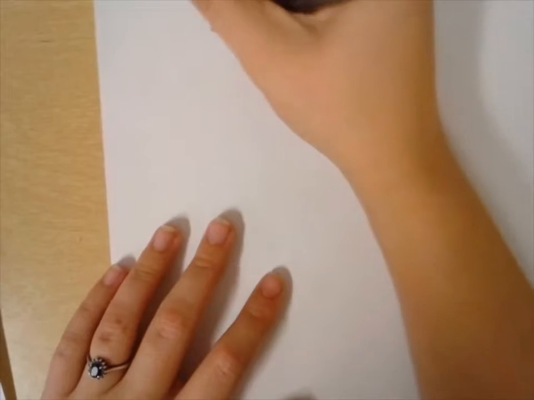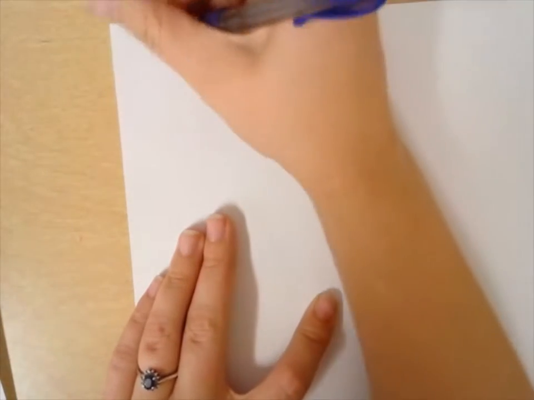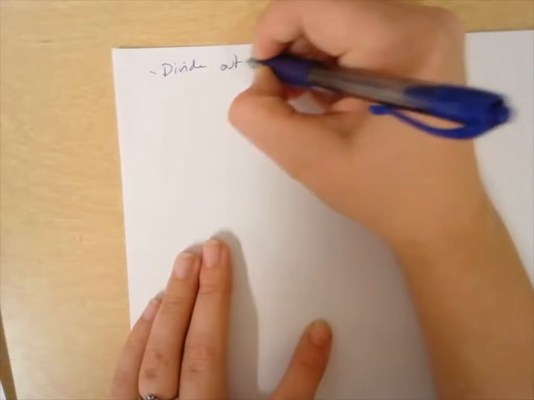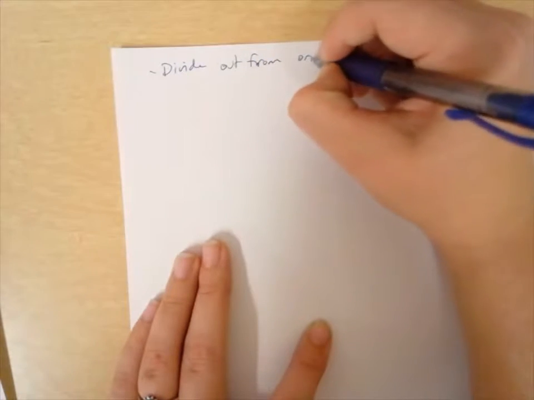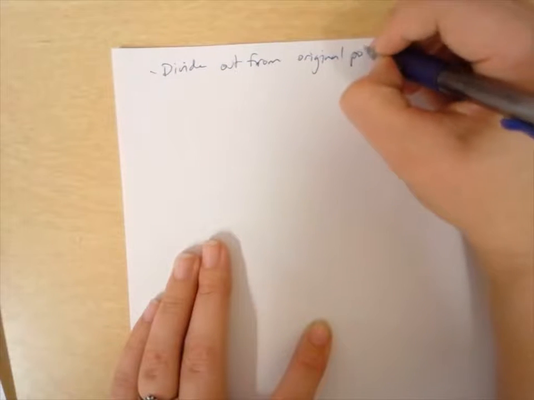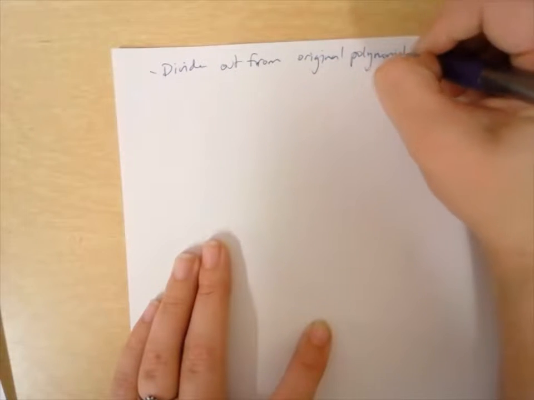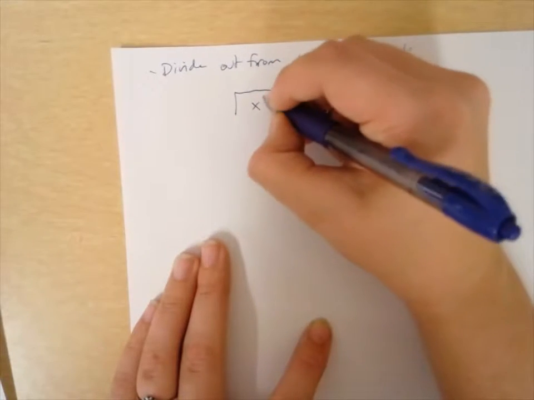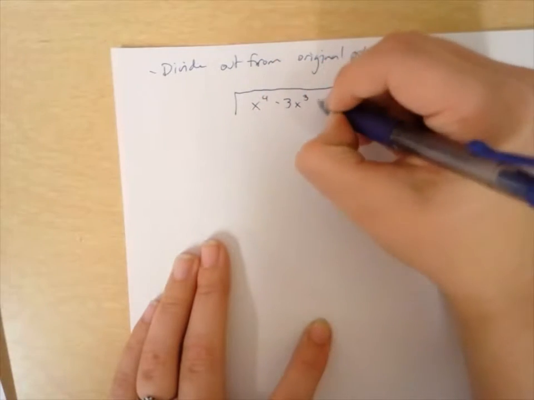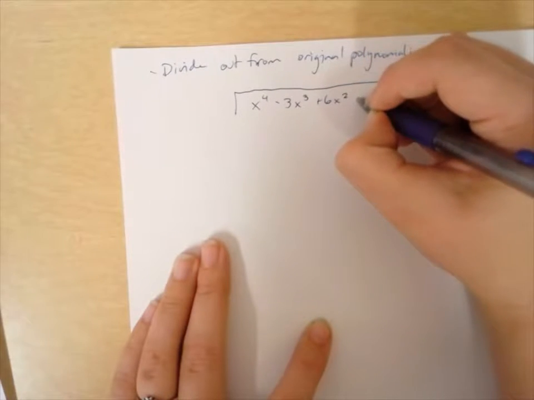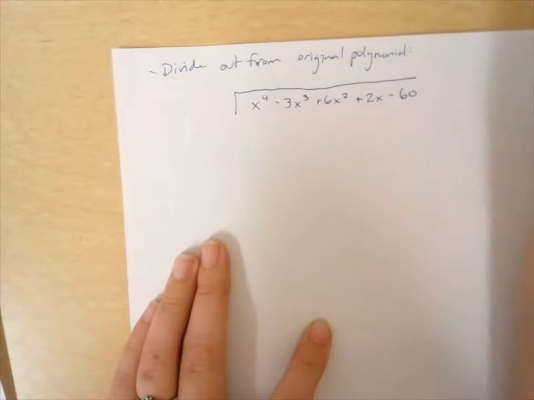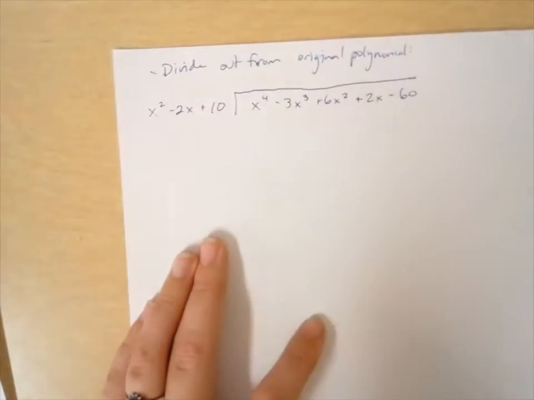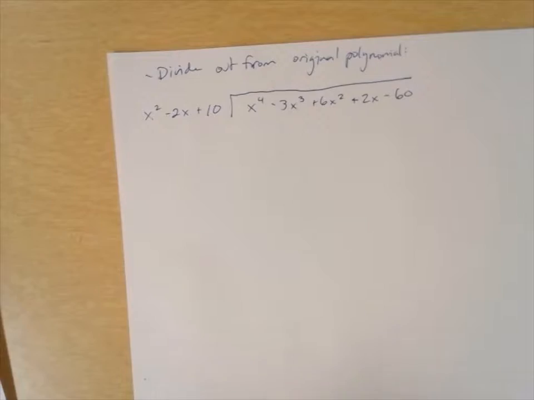Since my original polynomial was x to the 4th minus 3x cubed plus 6x squared plus 2x minus 60, and I'm dividing by x squared minus 2x plus 10, that's what my division is going to look like.